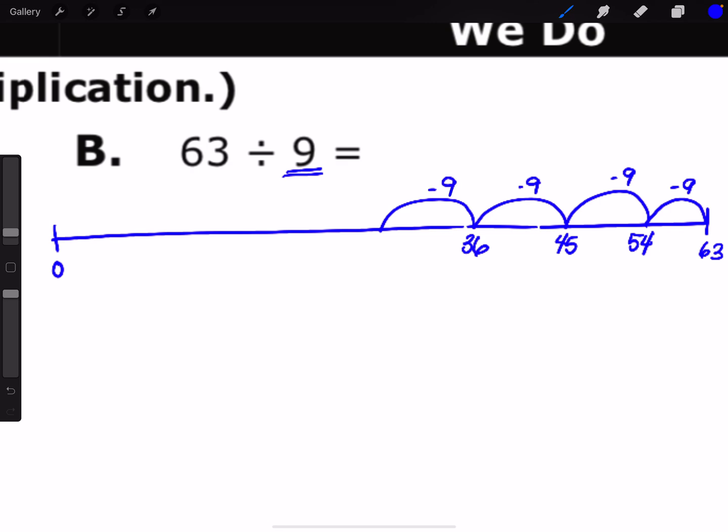Jump 9, that would be 27. Jump 9, that would be 18. Jump 9, that would be 9. We jump one more back, and we get to 0.